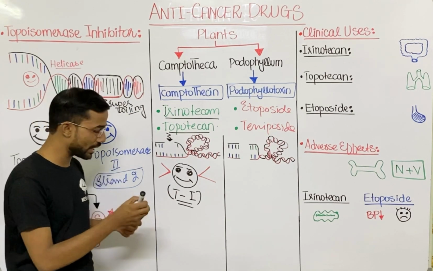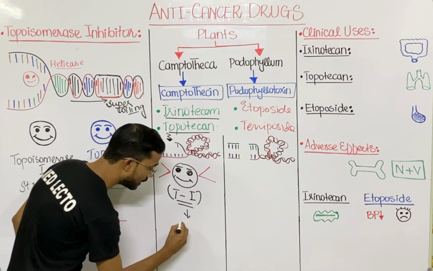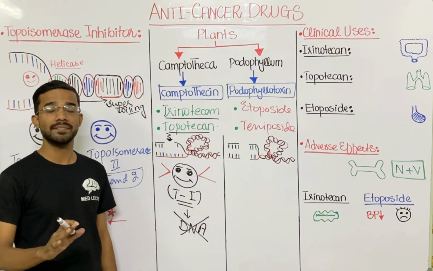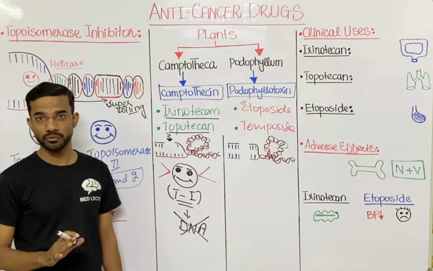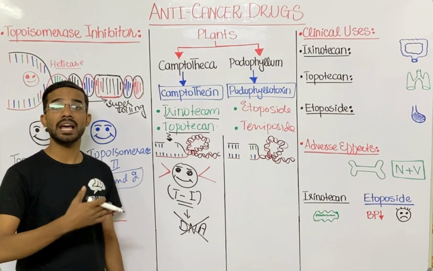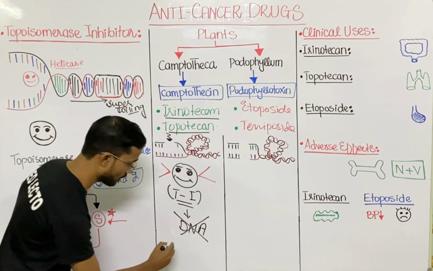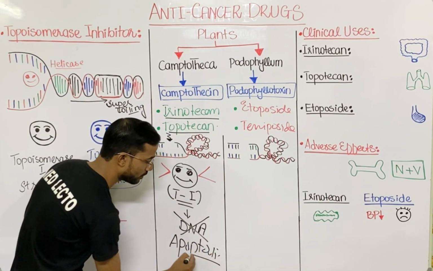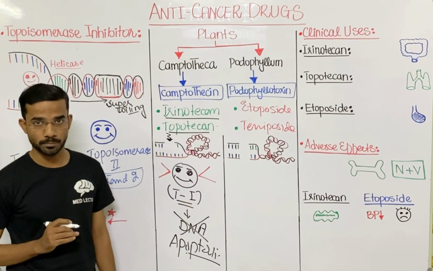When there is no replication of the DNA, there is no division of the cell, and ultimately the cell goes toward apoptosis. Okay, apoptosis, cell death. That is the most important thing.